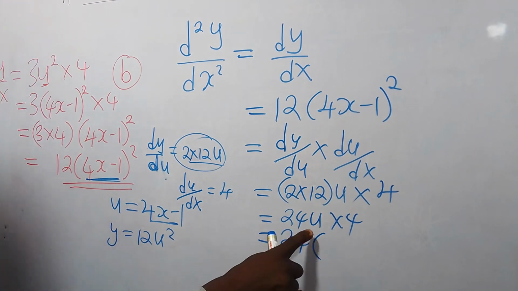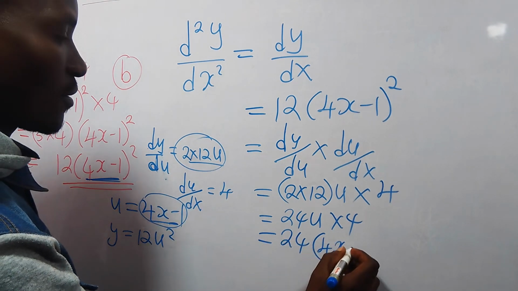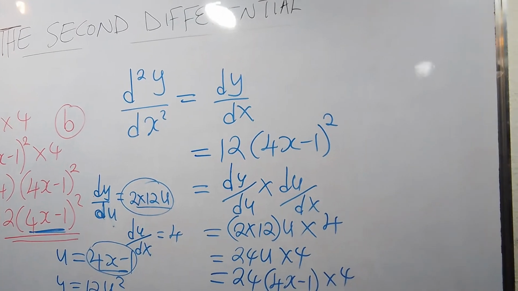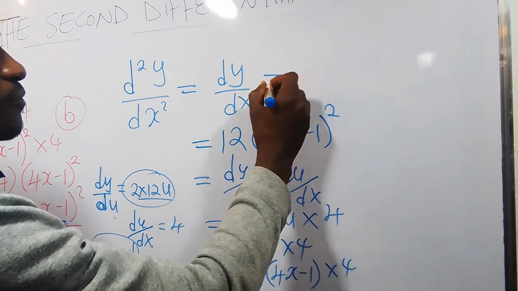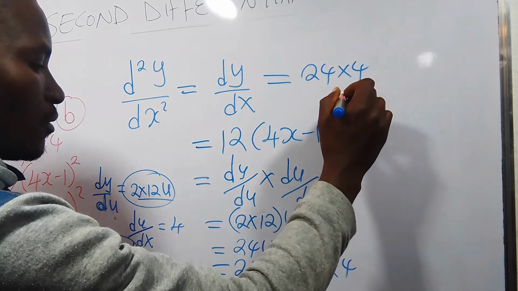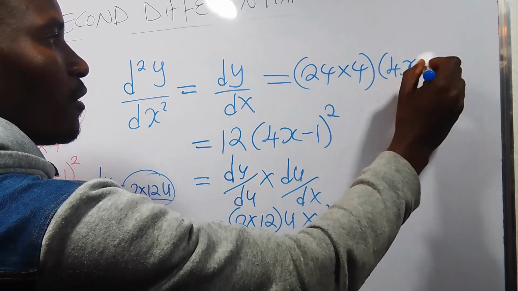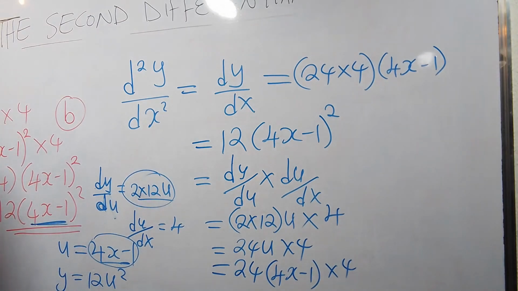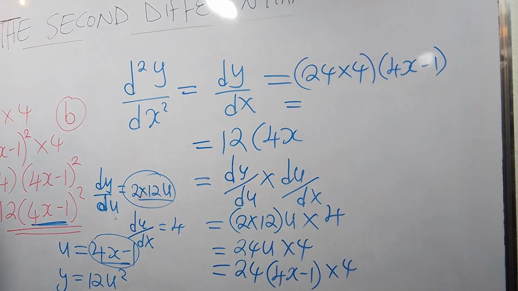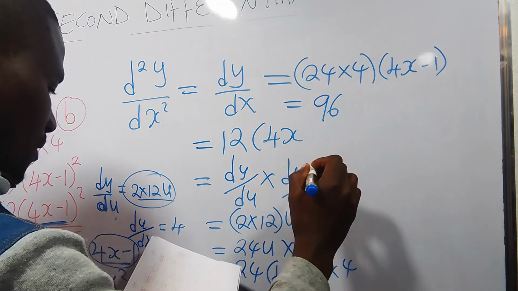Now we know that u is 4x minus 1, so it's 24 open bracket 4x minus 1, multiplied by 4. Now I can write it over that side: 24 times 4, open bracket 4x minus 1. So from there, this is going to be 96.